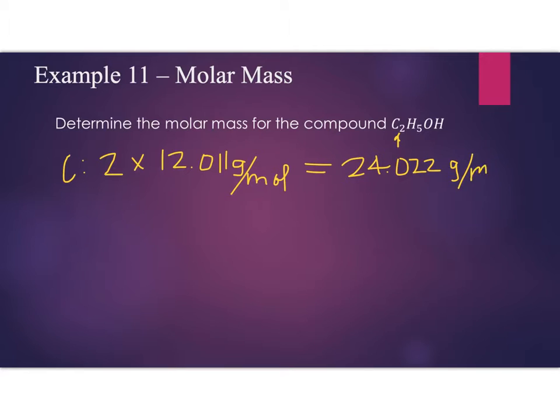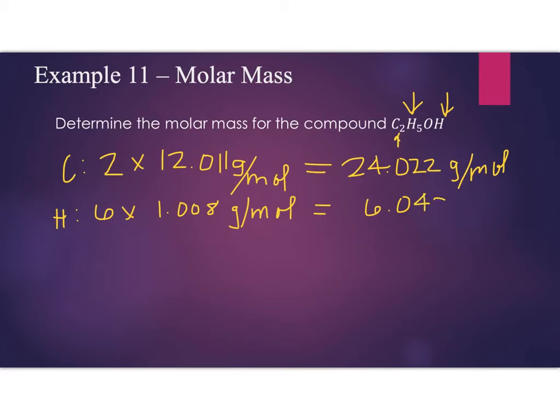Then I'm going to do the same thing for my hydrogen. Now hydrogen, I've got 5 here and 1 here, so I really have 6 hydrogen atoms. And if we look at our periodic table, the mass of hydrogen is 1.008 grams per mole. So when I multiply this out, we end up with 6.048 grams per mole. And then lastly, I have oxygen, which we have not accounted for yet.